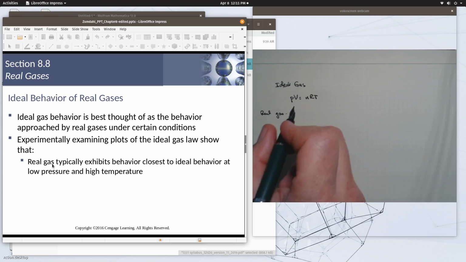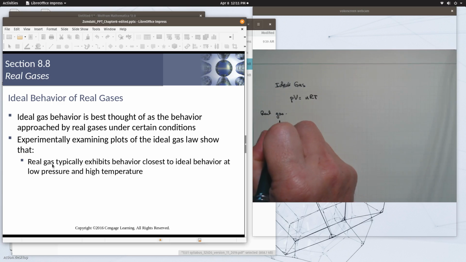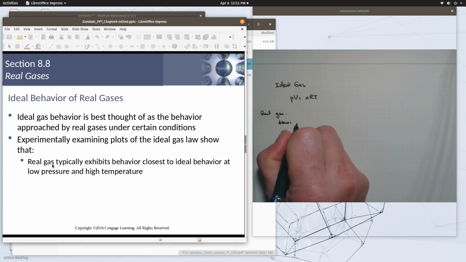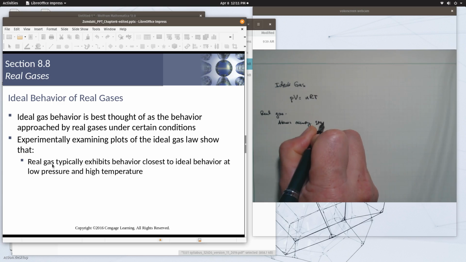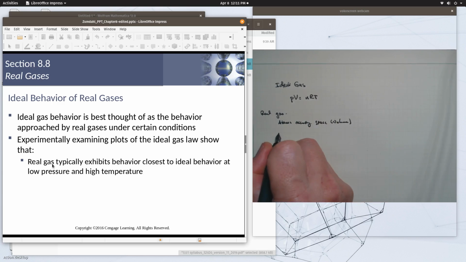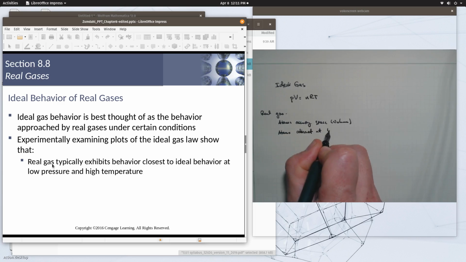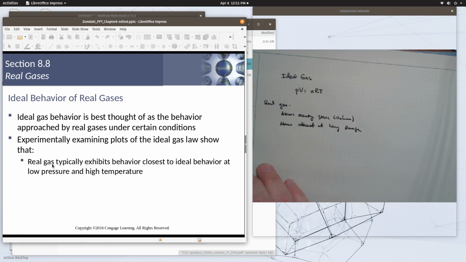To correct for that: a real gas has atoms that occupy space, i.e. volume, and atoms attract each other. They also repel at short range, but this is the issue of excluded volume.